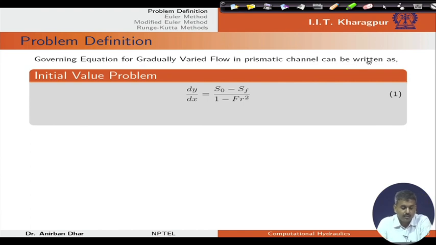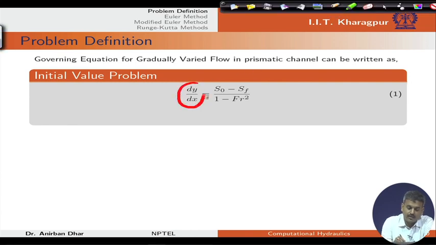Now, the governing equation for gradually varied flow in a prismatic channel can be written as dy by dx equals S naught minus SF over 1 minus Fr square. S naught is bed slope, SF is energy slope, and Fr is the Froude number.